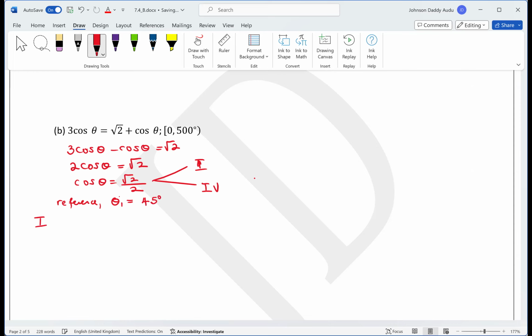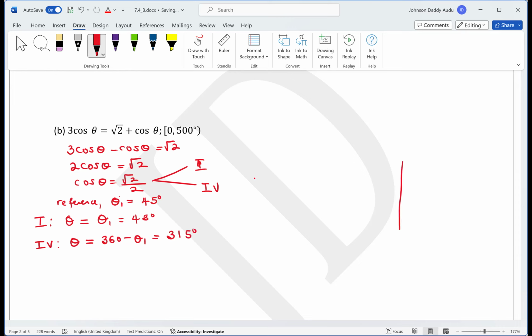So if we are in the first quadrant, our theta in standard form is going to be the same as our reference, which is 45 degrees. But if we are in the fourth quadrant, theta is going to be 360 minus theta 1, which is 360 minus 45, which is 315 degrees.